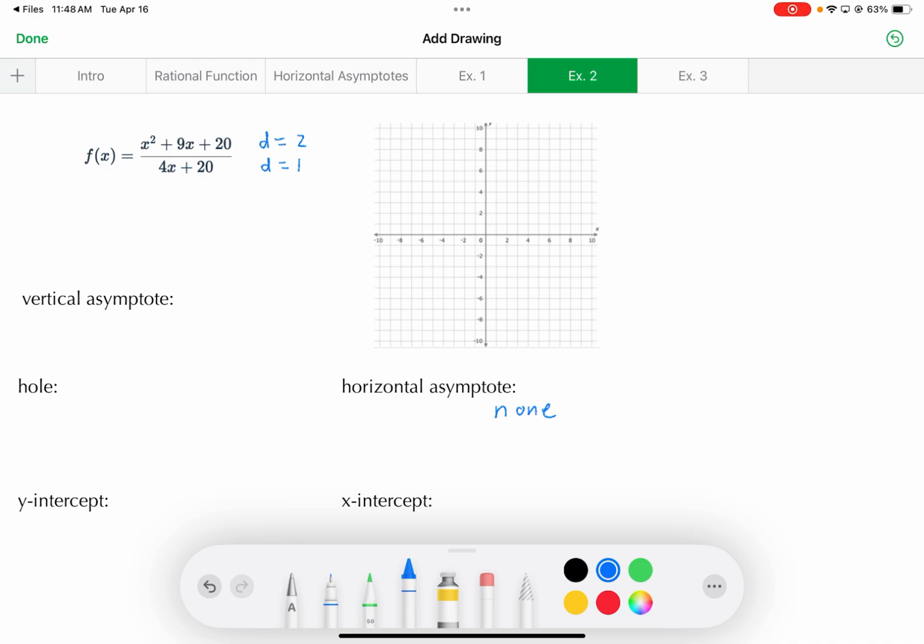Okay, now let's try to factor and see if anything simplifies to help us with the vertical asymptotes and the holes. Top factors to x plus 4 times x plus 5. Bottom, you can pull a 4 out.